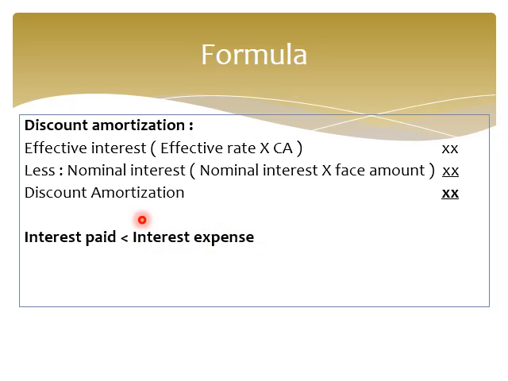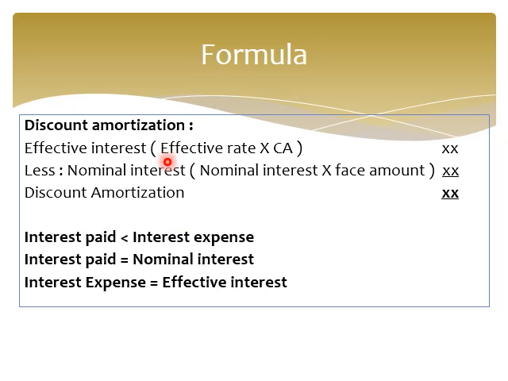Ibig sabihin, magde-debit tayo ng interest expense kasi nabawasan yung discount on bonds payable natin. Mas mataas ngayon si effective interest kaysa kay nominal interest. Interest paid equals the nominal interest. Interest expense equals the effective interest. The difference between the two is the discount amortization.